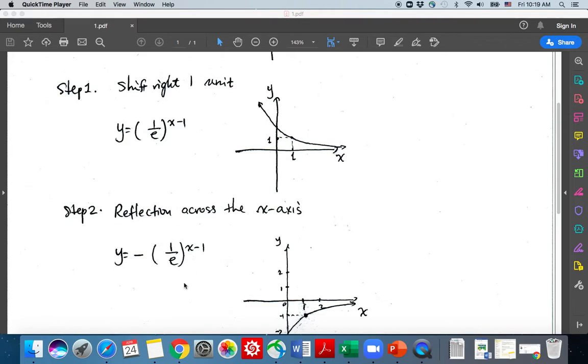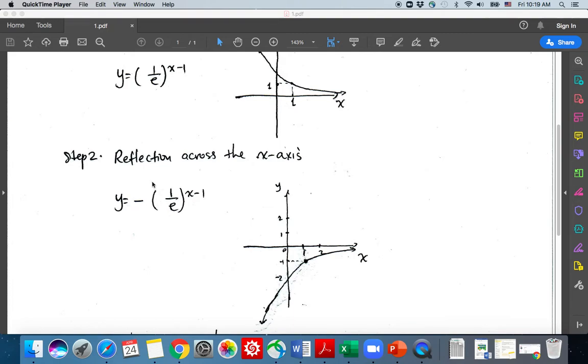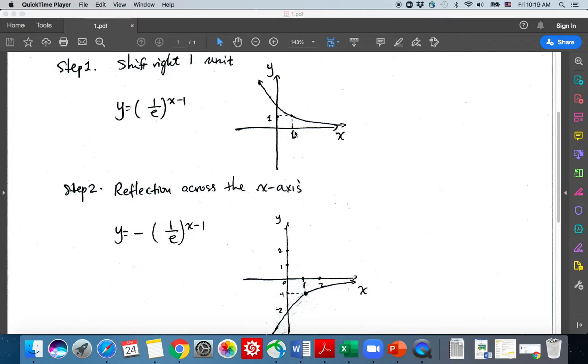So the formula for that function is going to be y equals negative 1 over e to the power x minus 1. Because this negative sign is applied to this entire function from the previous step, that translates into a reflection across the x-axis. Again, I want to keep track of the key point.